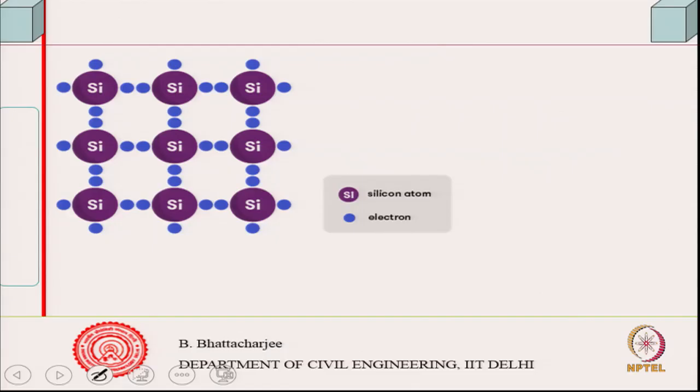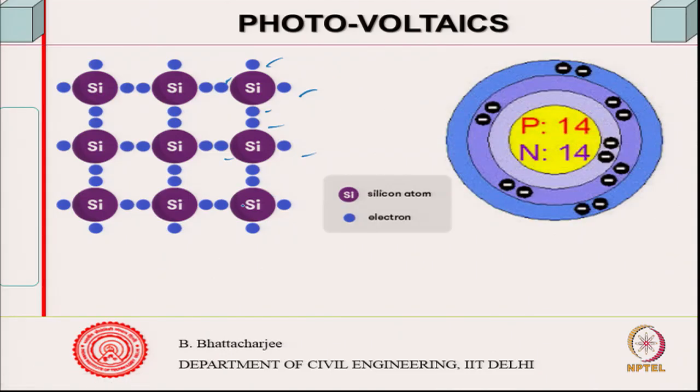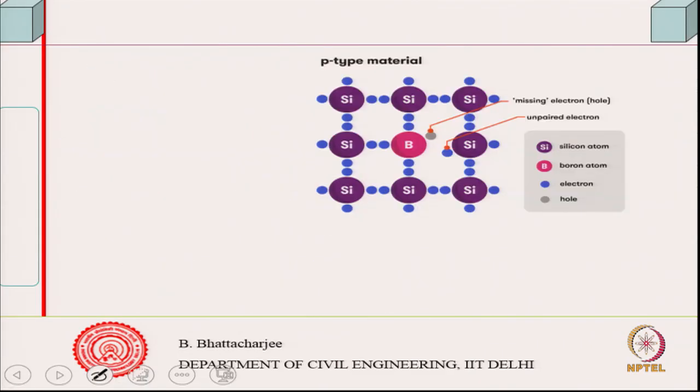So, let us see. This is a silicon atom. There are 4 outer electrons with each silicon atom we are showing. That is how the silicon crystal looks. Now suppose instead of silicon I put in 1 boron. So, I mixed it up, doped it.